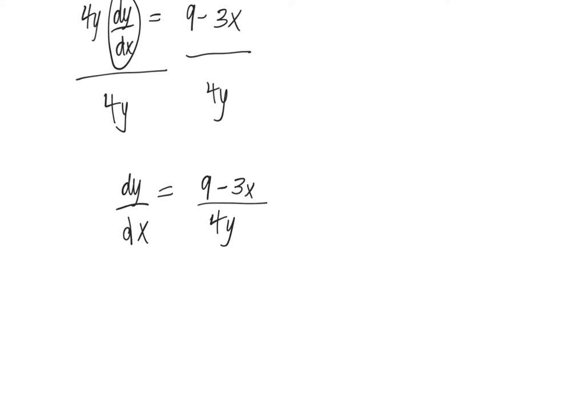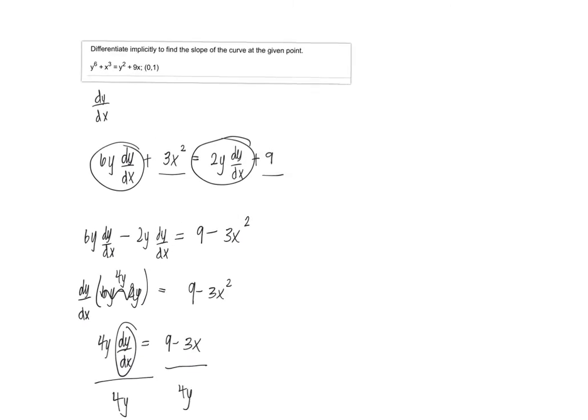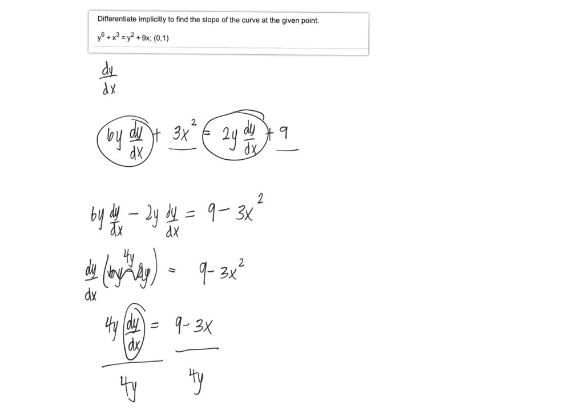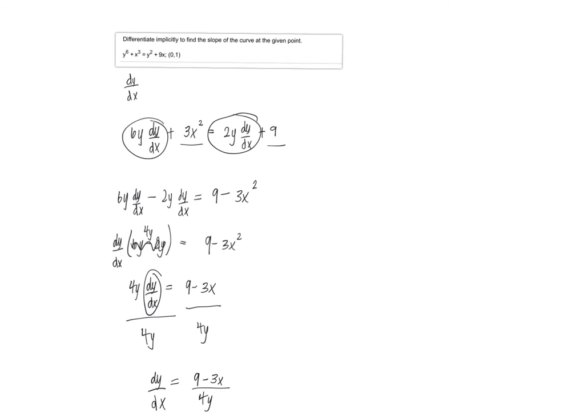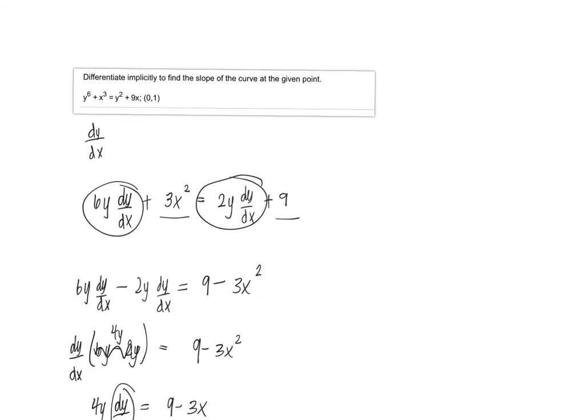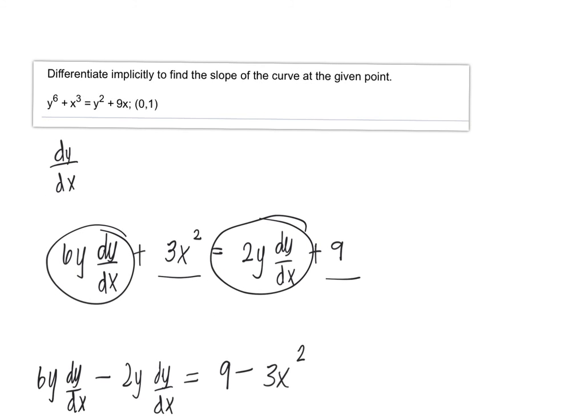So to find the slope at the point (0, 1), you find the derivative and plug your point into that derivative. So we're used to only using the x value of that point to plug in the derivative, but with implicit differentiation, our derivative has both an x and a y value, so we can plug both of those into our derivative.